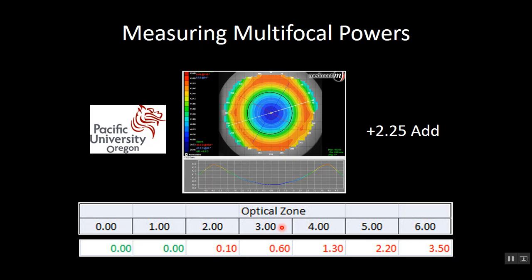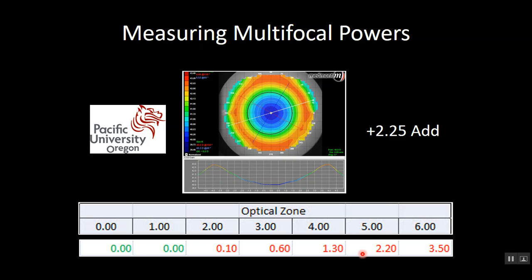If we go to a 3 millimeter pupil, now we're seeing about 0.6 diopters of add. So in other words, only about a half diopter of add is kicking in at a 3 millimeter pupil. At a 4 millimeter pupil, we're getting 1.25 diopters roughly of add power. At a 5 millimeter pupil, which isn't typical for a presbyope, we're getting the 2.25 add.